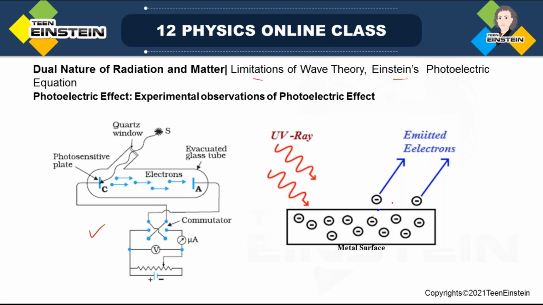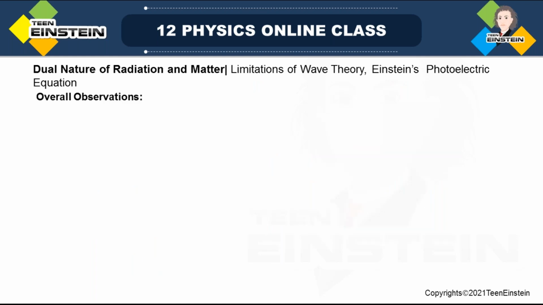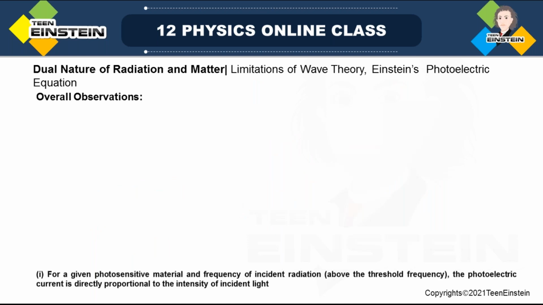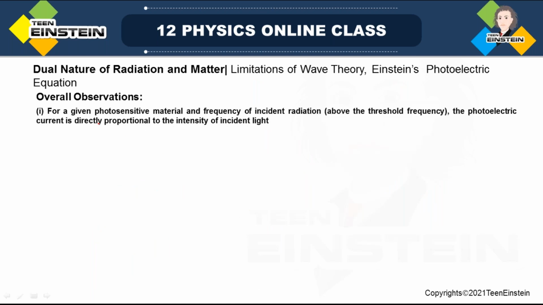So this phenomenon is called the photoelectric effect. And we had seen there are certain features of this experiment, in fact some specific results. I'll discuss those things one by one first for the recapitulation.